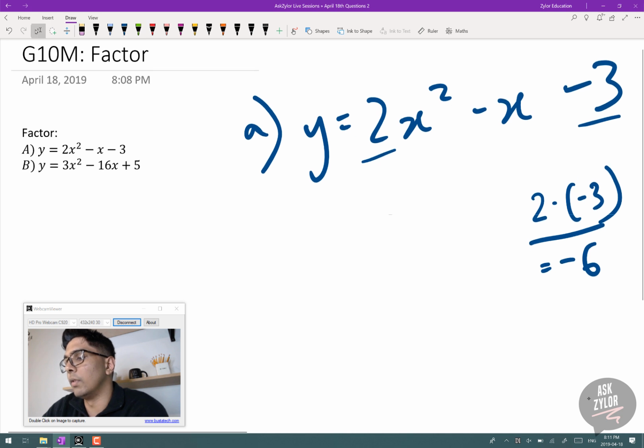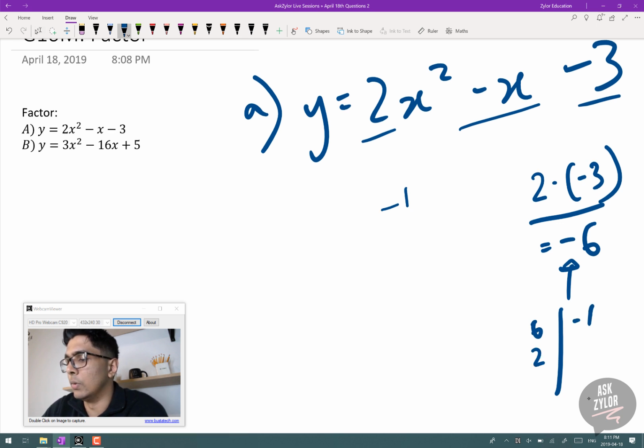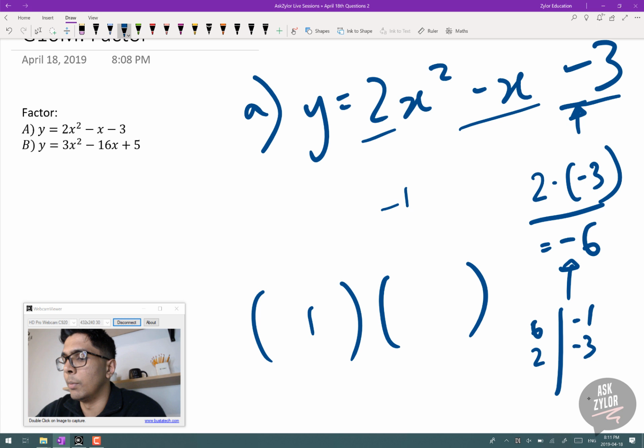And then we're looking for factors of negative 6 that add up to your b value. So your b value is negative 1. So factors for negative 6 could be 6 minus 1, could be 2, negative 3, or it could be a combination of the signs. So what I do is I recognize that the negative over here with the constant tells me that the two factors have a plus and a minus sign in beside them. Right?